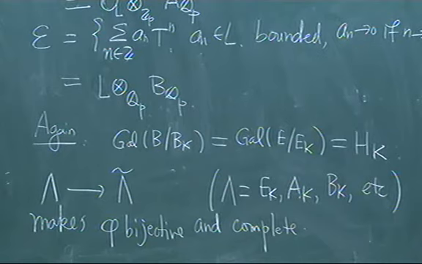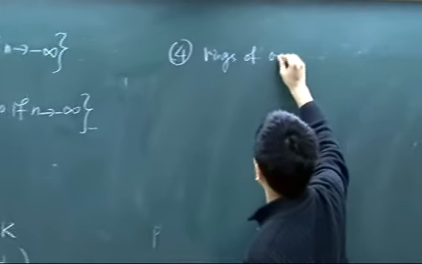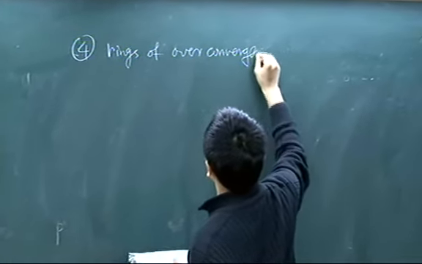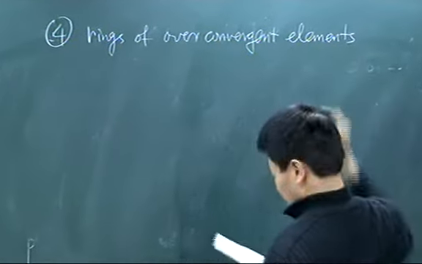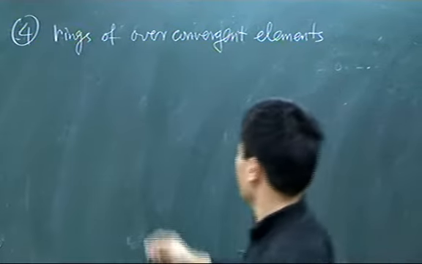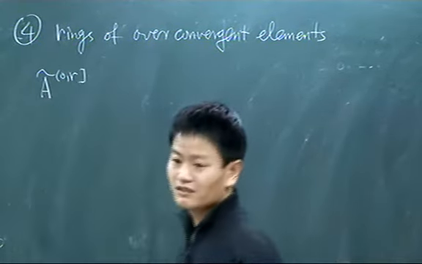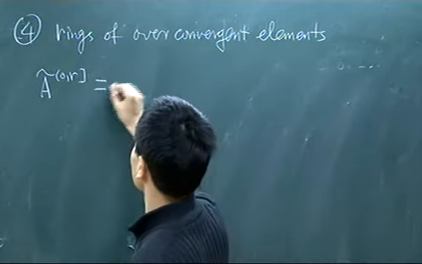The last thing we want to know is the so-called overconvergent elements, the ring of overconvergent elements. So it's also characteristic 0. And then you just say a tilde 0R.